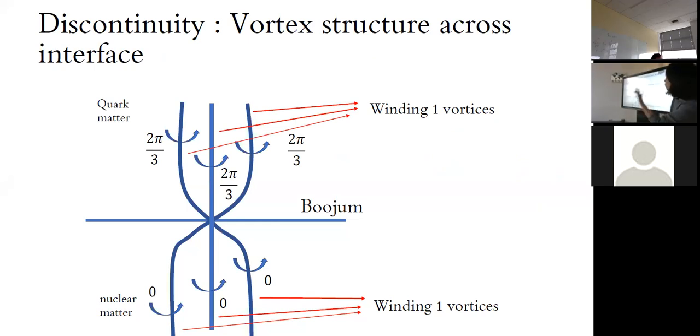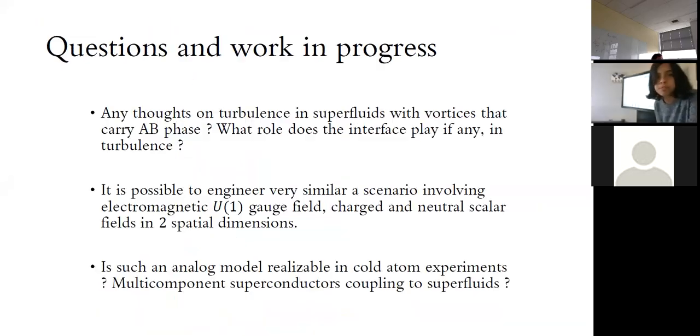So what one would imagine at the interface between nuclear matter and quark matter is that 3 vortices have to come together to make a Boojum that then goes on to the other side, so as to avoid a discontinuity in the Aharonov-Bohm phases. So the vortices don't connect directly between nuclear matter and quark matter. That's one entertaining consequence.